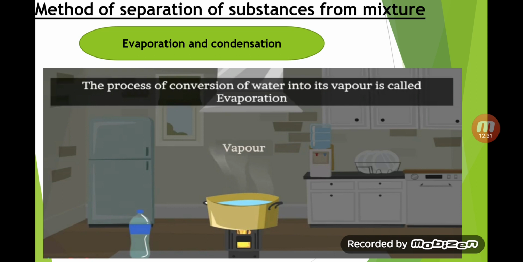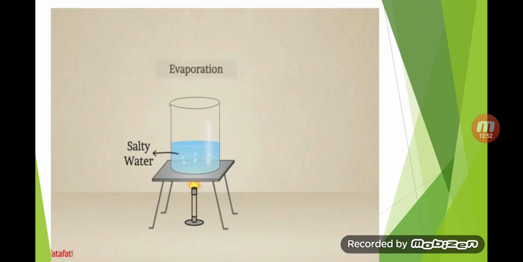Please do an activity and try to separate water and salt. What will you do? Let's see here. You will take salty water in a saucepan and put it on the burner.